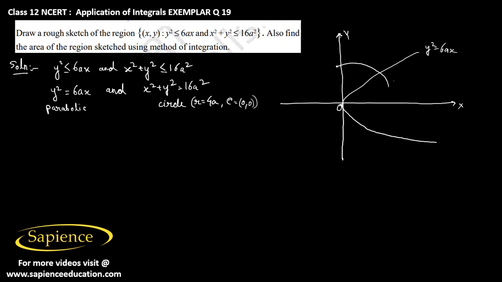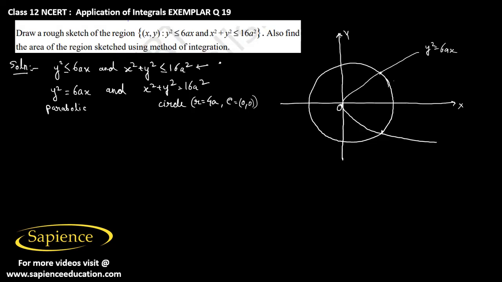It will be like this. So they will intersect at 2 points. So here we can see that this inequality is obviously satisfied by the origin 0, 0, since 0 is obviously less than 16a square.